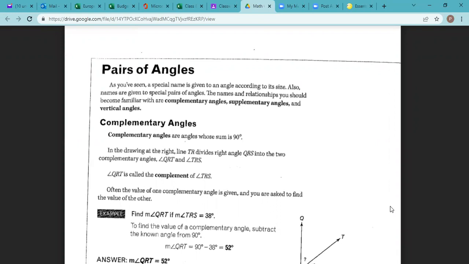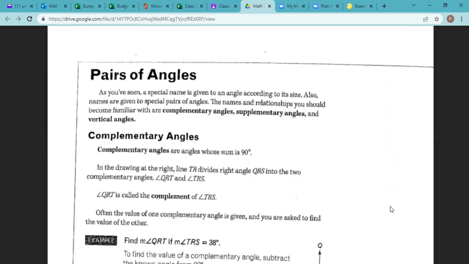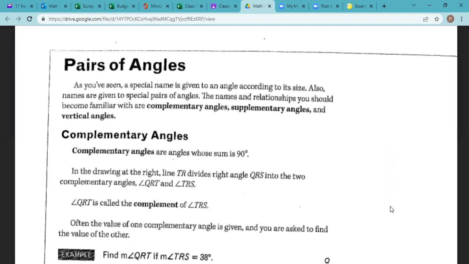And then, of course, after that is going to be sum of angles. So, a little bit more angles, it's kind of a lengthy area. But then after that, we'll finally start getting into a different form of geometry with perimeter and area and volume.